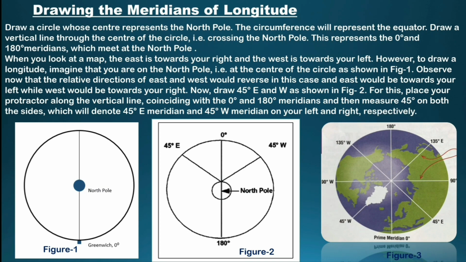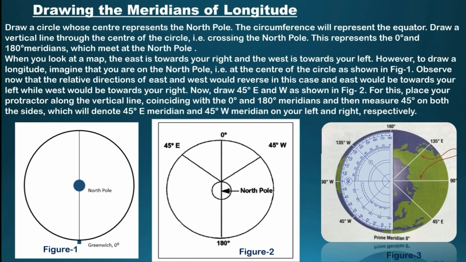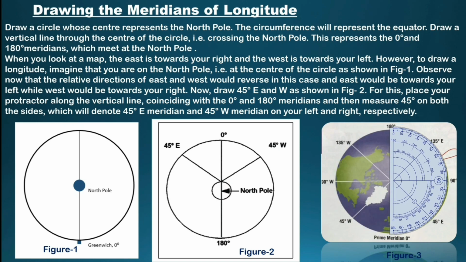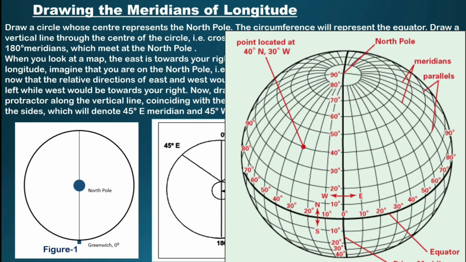This is how to draw meridians. For each and every degree there will be one meridian. So on the western side there will be 180 meridians and on the eastern side there will be 180 meridians. And in the third picture you can see that.